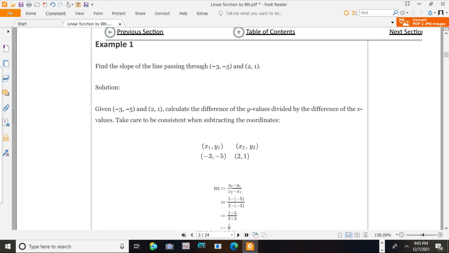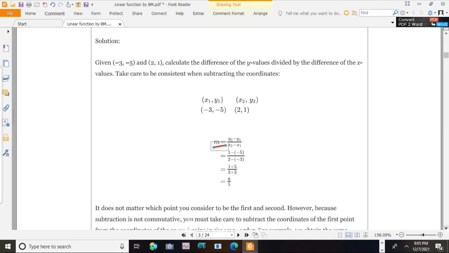So 1 minus (-5), which is 1 plus 5, over 2 minus (-3), which is 2 plus 3, which is 6 over 5.